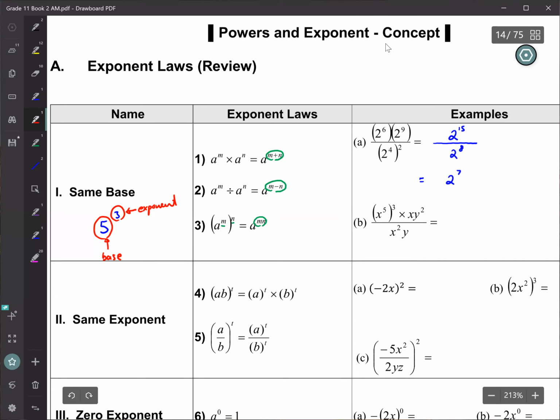So that's your answer. So at the end, all the same base, they combine together into one base, okay? So I'll let you try question B. And then at the end, you should get some x to the something, y to the something. The x and y, they are the base. All right, so please raise your hand if you have an answer for B.